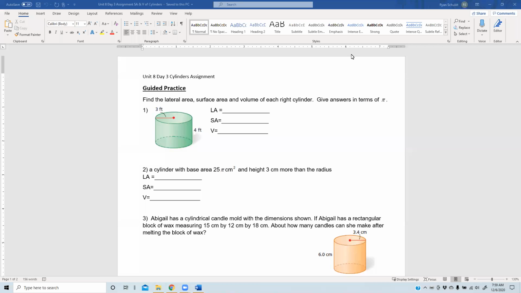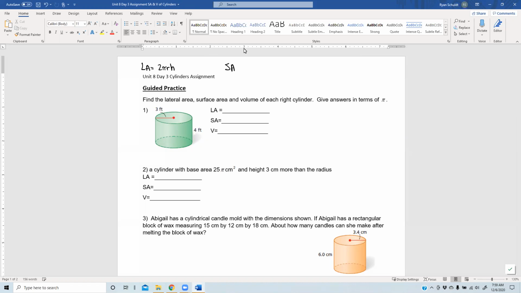Okay, now for the guided practice. Let's write our formulas across the top so we don't have to keep looking back at the notes, or if we forgot them, there they are. For lateral area of a cylinder, we said it was 2 pi r times h.